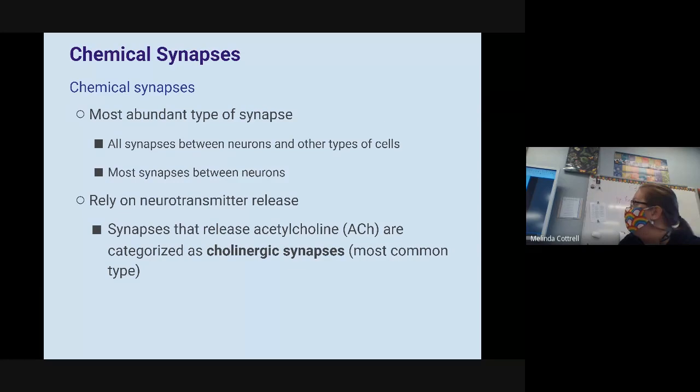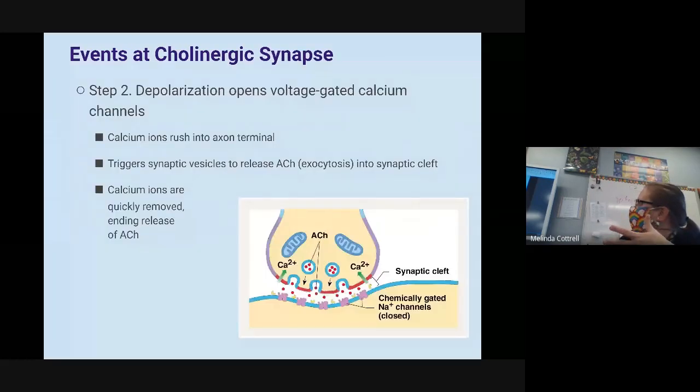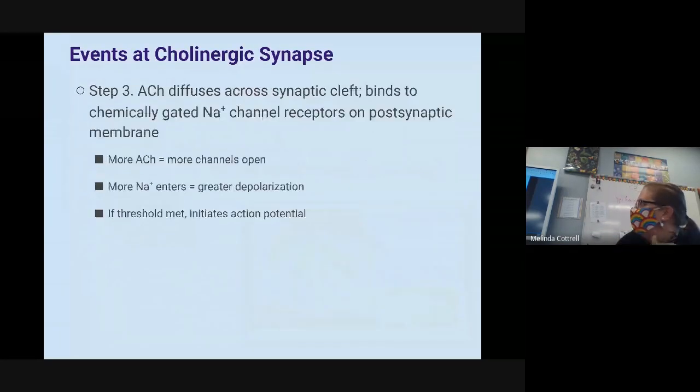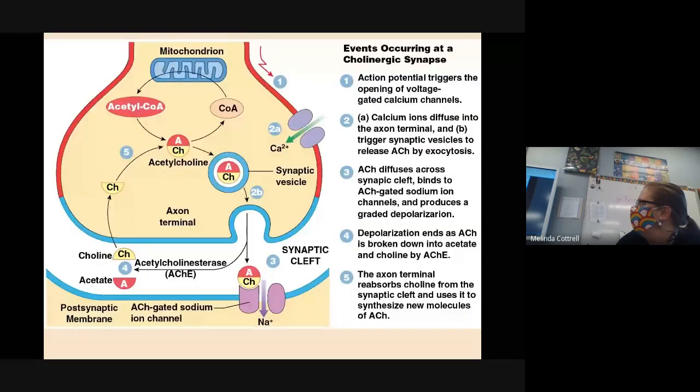This is most abundant, and it relies on a release of a neurotransmitter, which passes through the gap and then triggers some response in the postsynaptic neuron. If it does release acetylcholine, it has a fancy name, cholinergic synapses, although we most often talk about acetylcholine. These are just the events which we have talked about before, so I'm going to skip through that today.